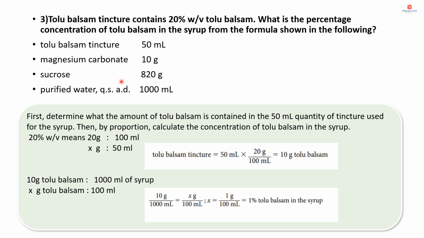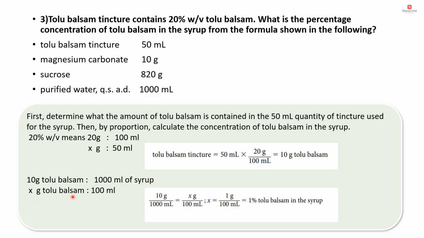Hence we can say that 50 ml tolubalsam tincture contains 10 gram tolubalsam. So this 10 gram tolubalsam is present in 1000 ml of the syrup. Okay. So in order to express it in percentage concentration, find out the amount present in 100 ml.